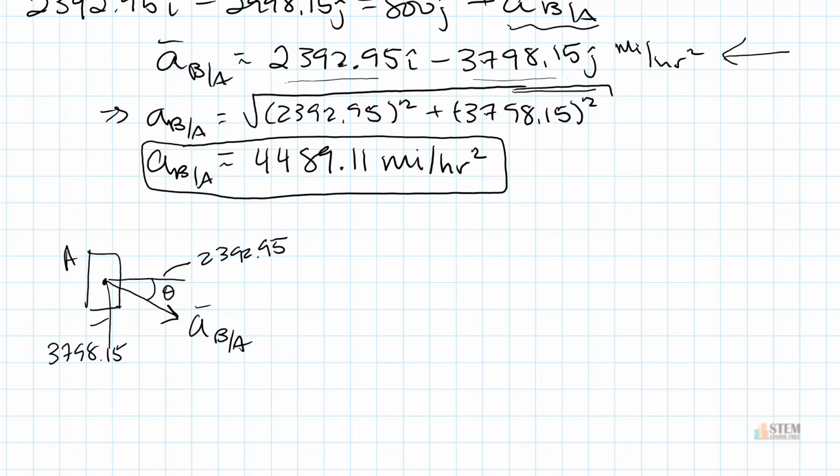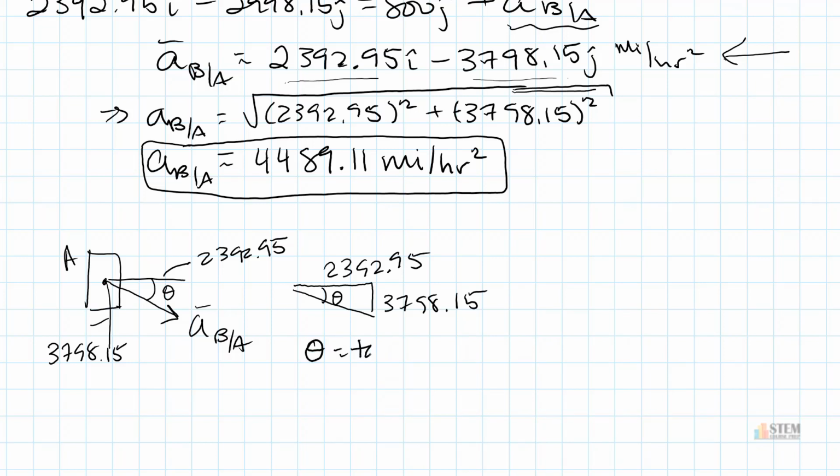We don't need to include the negative sign. So with that, then we can solve for theta, because essentially you could write a right triangle where that's theta. This side here is 2392.95, where this one over here is 3798.15. Okay, so now we have our triangle.